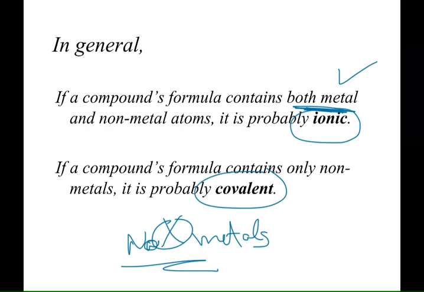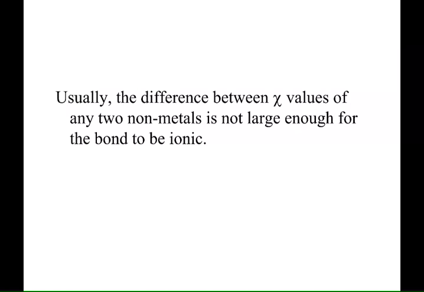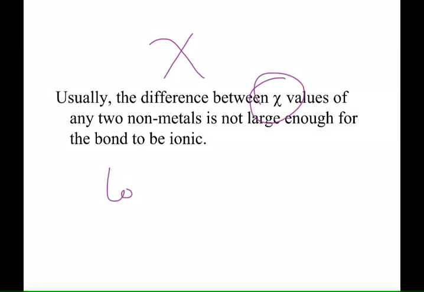Then we talked earlier about how you get electrons shared or electrons transferred. And we talked about it's all about the electronegativity. The symbol for electronegativity is this Greek letter chi. It looks kind of like a fancy X. And we said that metals tend to have low chi, or low electronegativities. That means that they give up electrons.